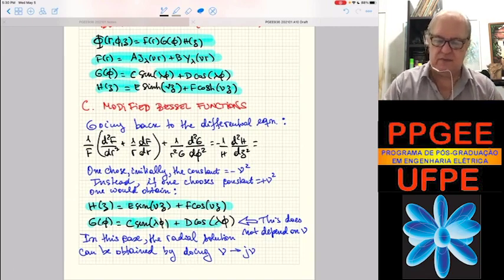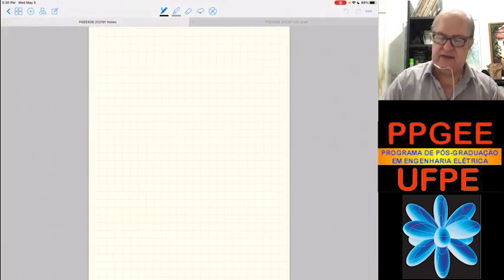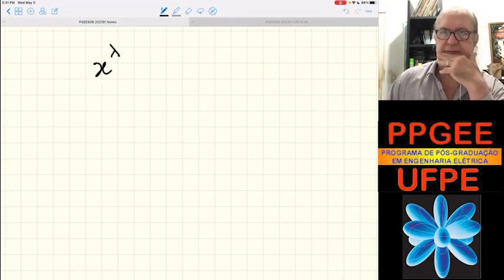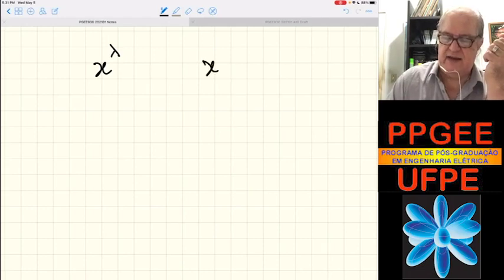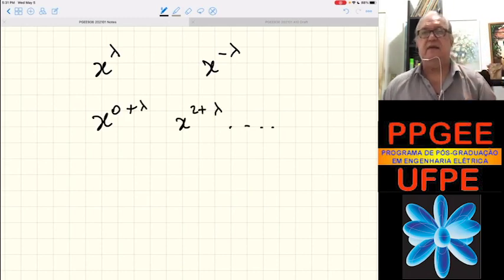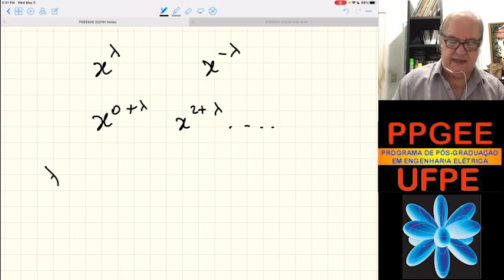You recall that the Bessel functions that we built start with x raised to lambda, or x raised to minus lambda. Then you go like x to the 0 plus lambda, x to the 2 plus lambda, etc. Let's say that lambda is even.